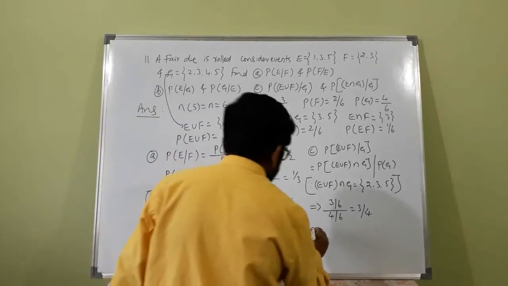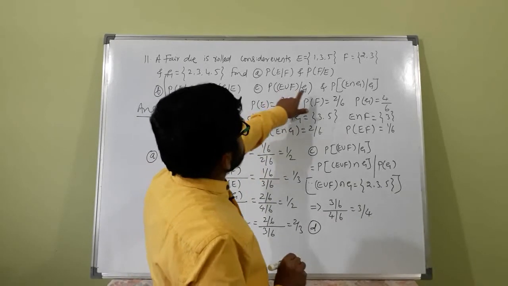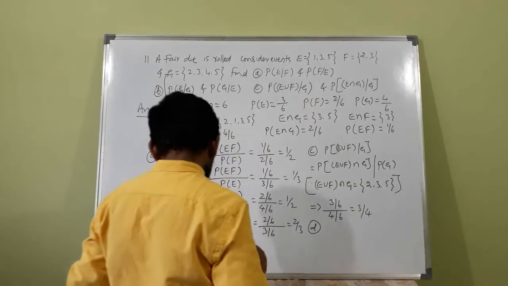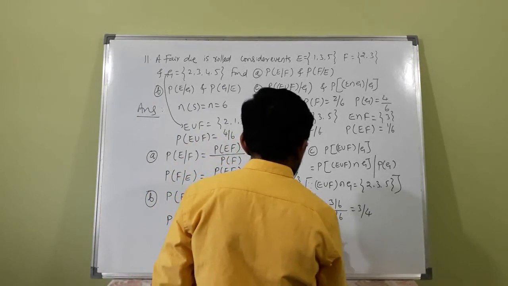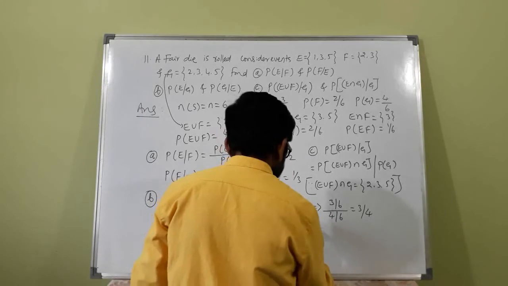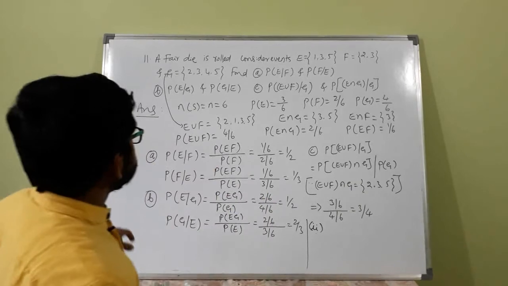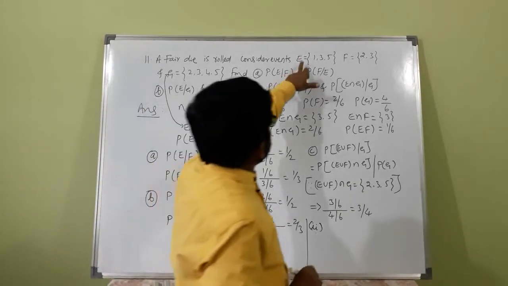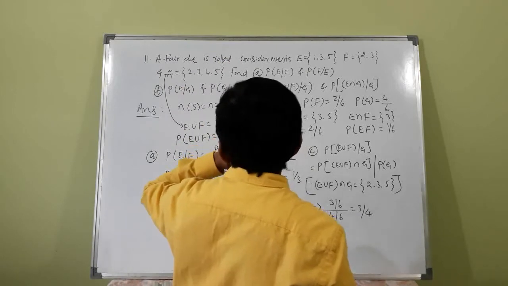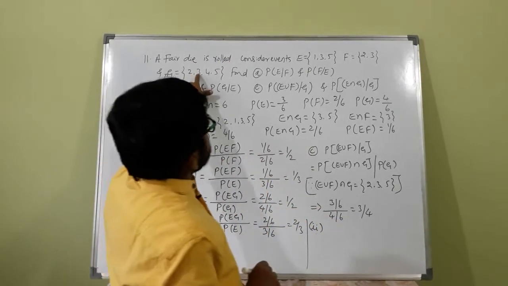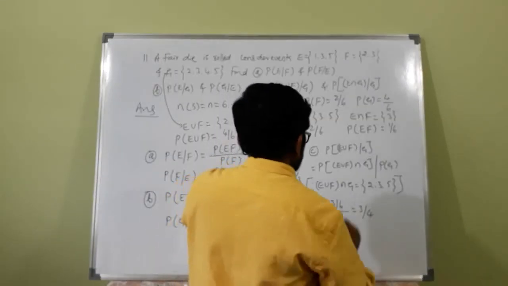And the last part D: probability of E intersection G given G. E intersection G is, E and G, 3 and 5. 3 and 5 means 2 by 6.